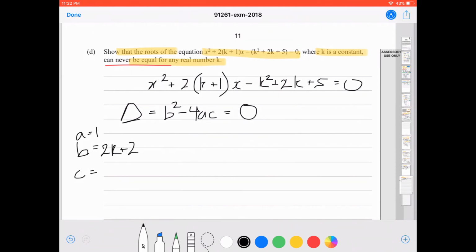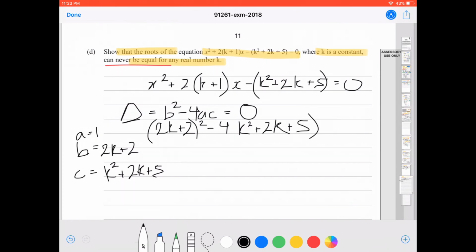And c is this whole last part, k squared plus 2k plus 5. Okay. So we've got 2k plus 2 all squared minus 4. Now a is 1, so let's just forget about it. And we've got k squared plus 2k plus 5 inside the brackets.